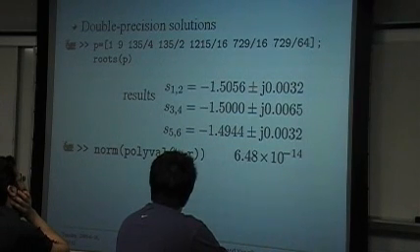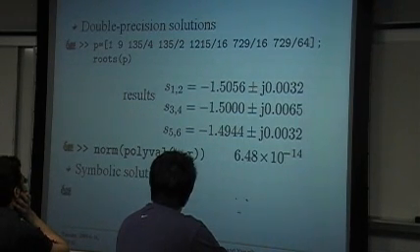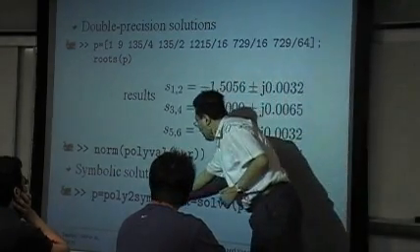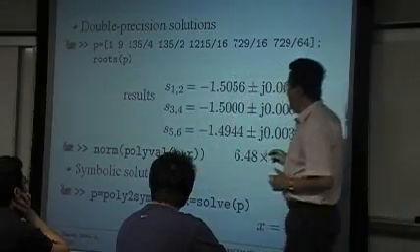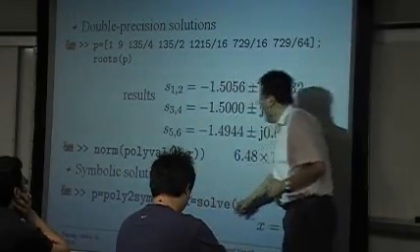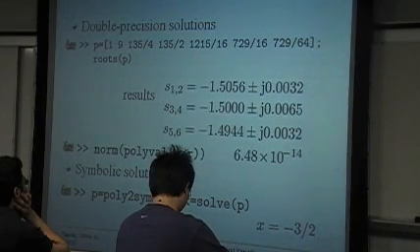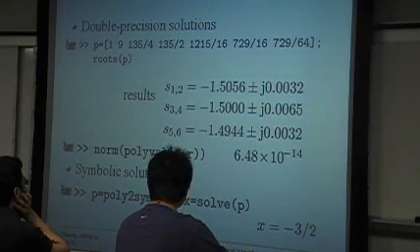And if you are using a symbolic solution to such a problem, what you need to do is to convert it first to a symbolic variable, and then we use the solve command to find all the roots of the polynomial.